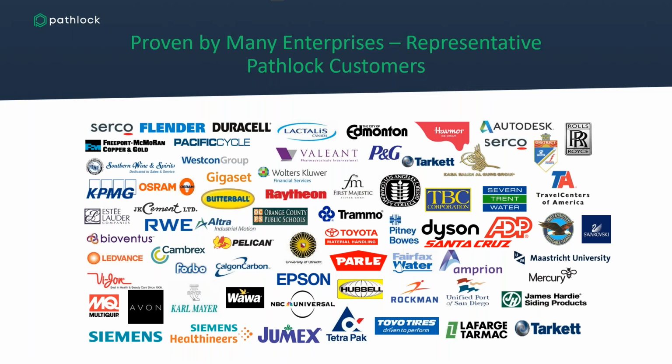Oh yeah, and here's, of course, and I have to show that, quite some interesting customers you might know. So it is representative. It is proven by many enterprises what we are doing here at Pathlock together with all our customers. We have even more. Not everyone wants to land on these slides, so we have hundreds and hundreds of customers we are already working with.